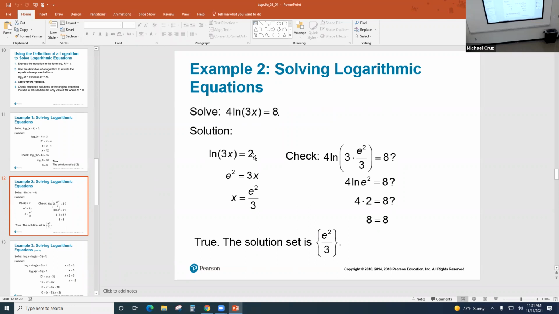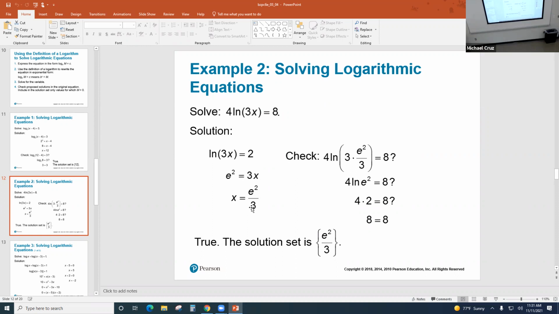Then the ln, this is base e. E to this power is equal to what's inside the input of the logarithm. And then from there, you simply divide both sides by 3 to get x is equal to e squared over 3.